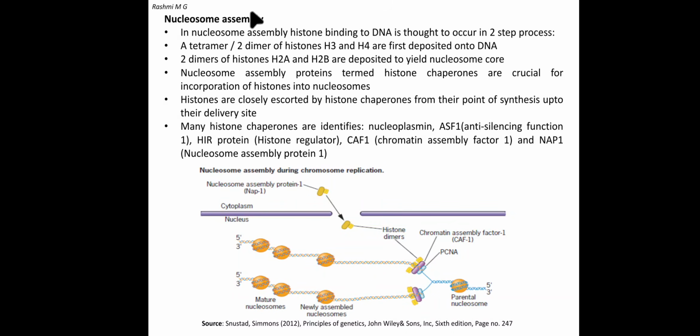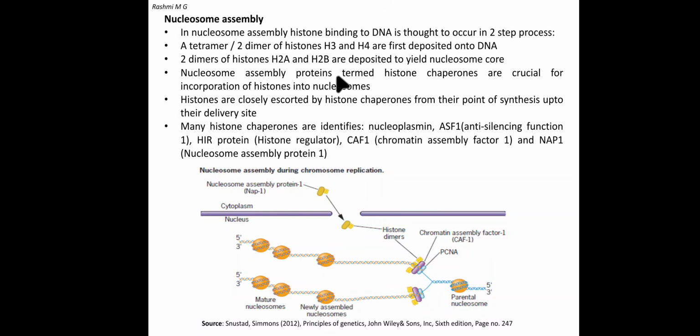Then how does the nucleosome assemble? In nucleosome assembly, histone binding to DNA is thought to occur in a two-step process. First, an H3 and H4 tetramer, or 2 dimers, is deposited on DNA. Then 2 dimers of histones H2A and H2B are deposited to yield the nucleosome core.